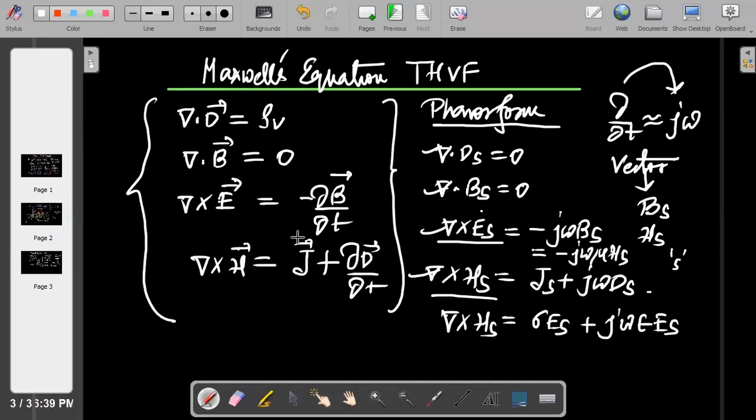Correct? Now what I told, you have to form an equation. Correct? So what you will do here: this is electric field, this is magnetic field. So we have to change from BS to HS and ES. Why? Because four or five variables are there, so you cannot form a common equation. So now we have changed this equation. Correct? I hope all of you are following.